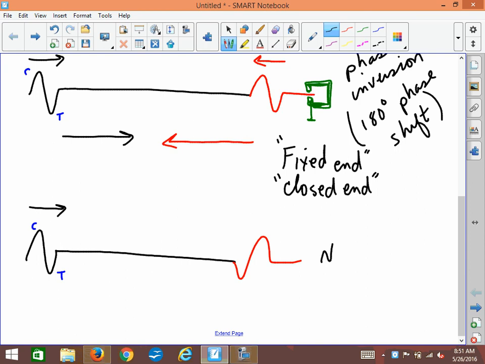So here there is no phase shift. You'll notice on its way back, it is still going this way. It is still leading with trough followed by crest. So it hasn't flipped upside down, so to speak. And this happens when you have a free end.